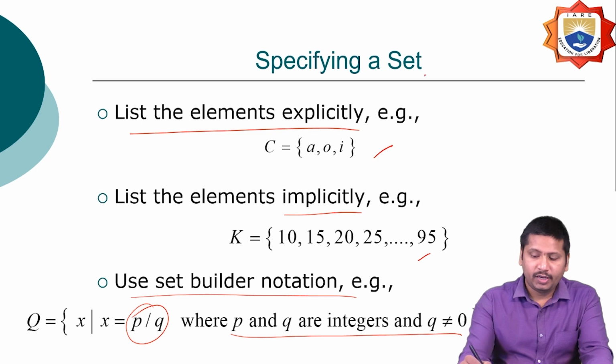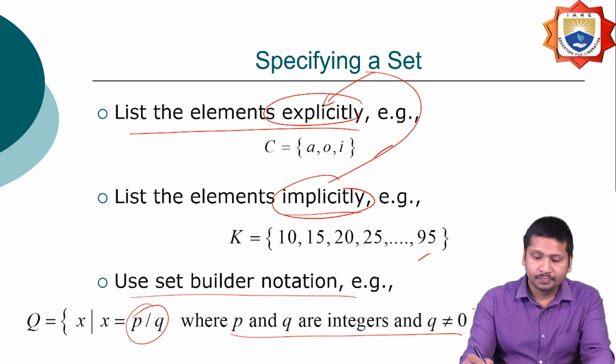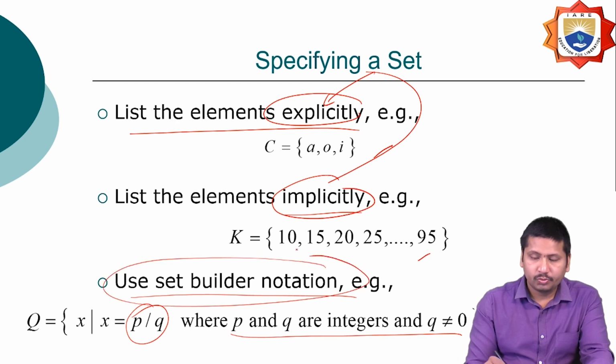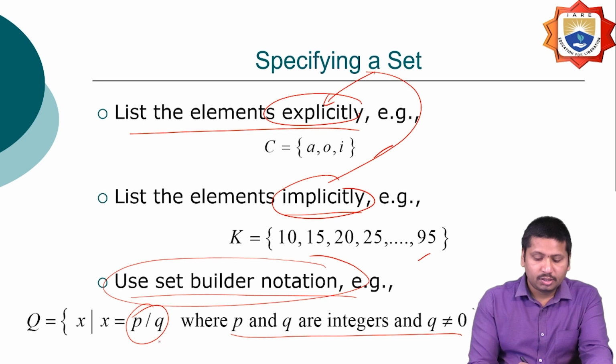So specifying a set is done in two ways: one is explicitly and the other is implicitly, and the notation is called set builder notation, x = p/q, where p and q are integers but q should not be 0.